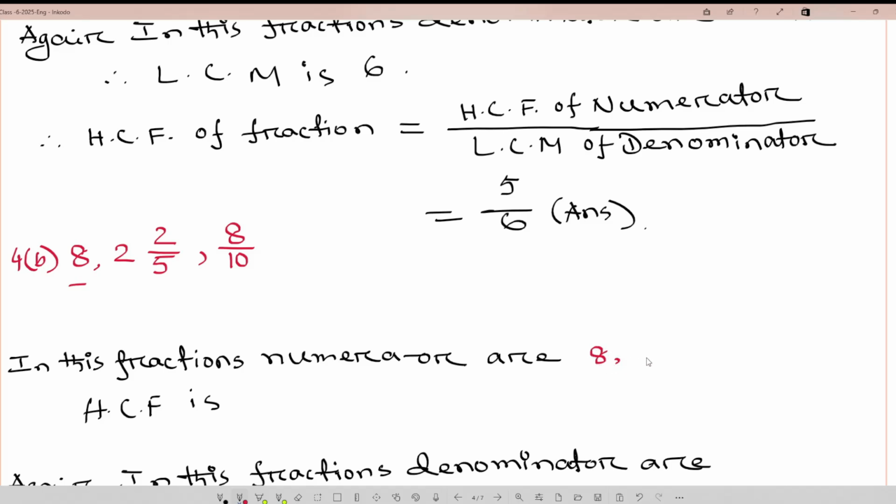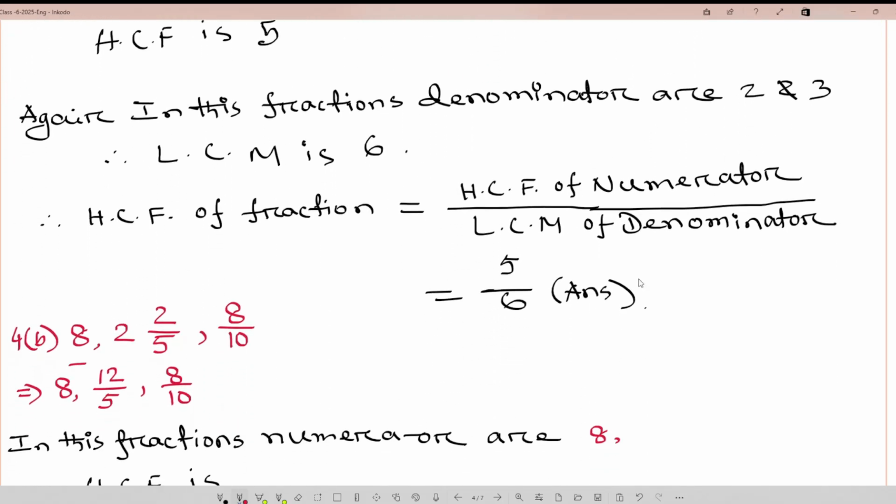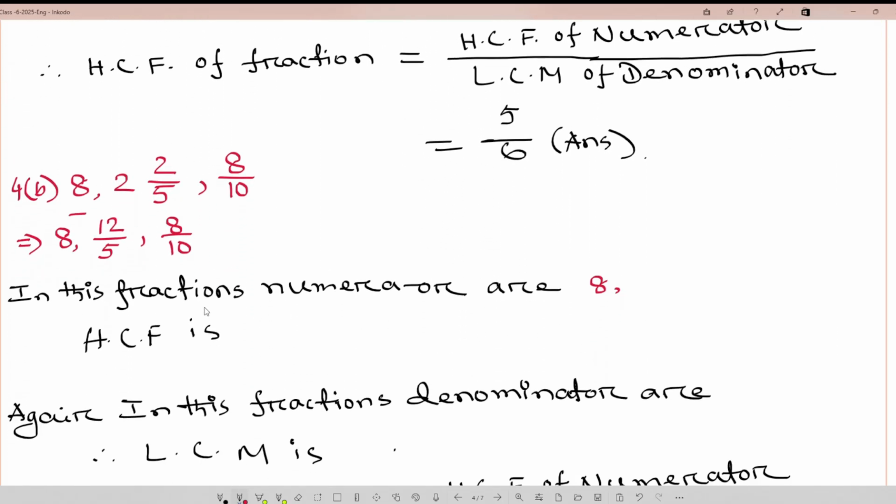Then, 2 2 by 5 is a mixed fraction, so we write it as 5 times 2 is 10, 10 plus 2 is 12, divided by 5, and then 8 by 10. So now the numerators are 8, 12 and 8.